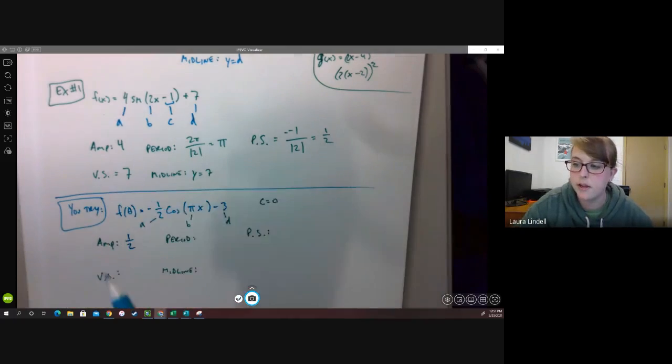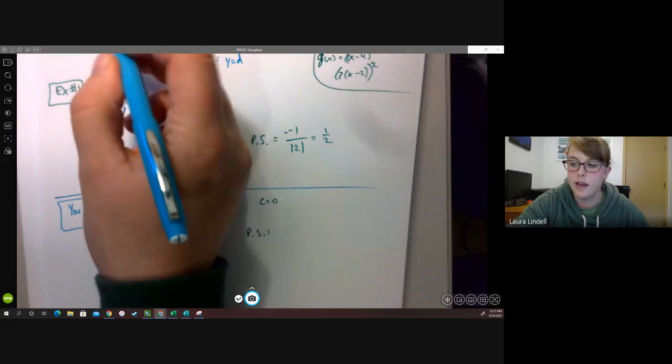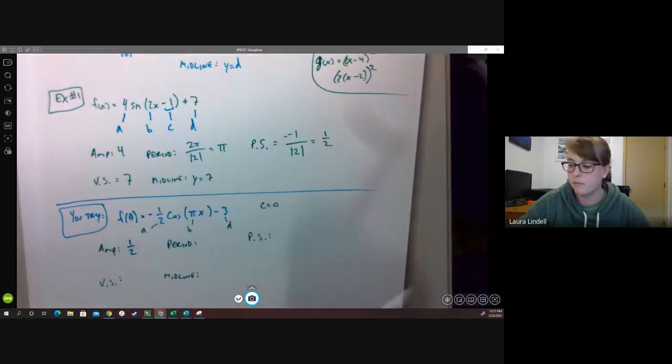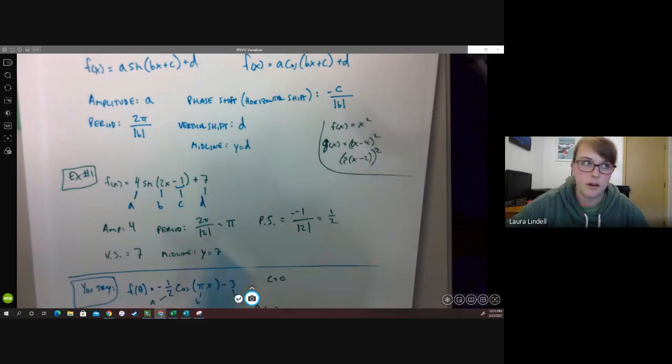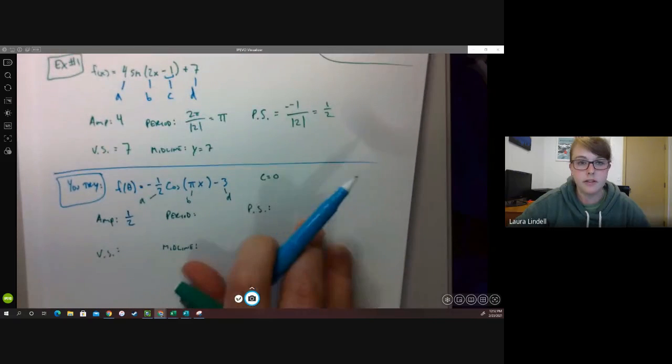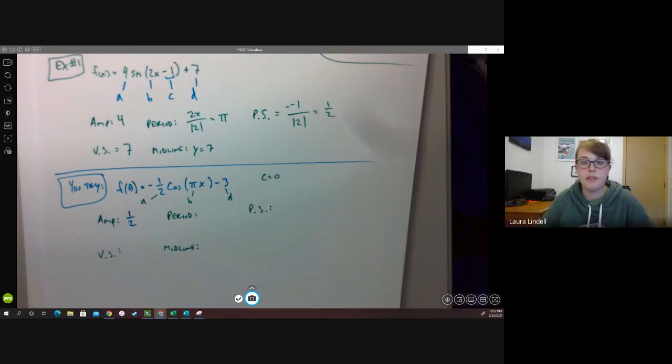So I guess if you're considering the negative sign in there with the A, then we would want it to be absolute value of A. What the negative tells us, just like with any other function, like f of x equals x squared or anything like that, the negative out in front tells us if it's reflected or not.